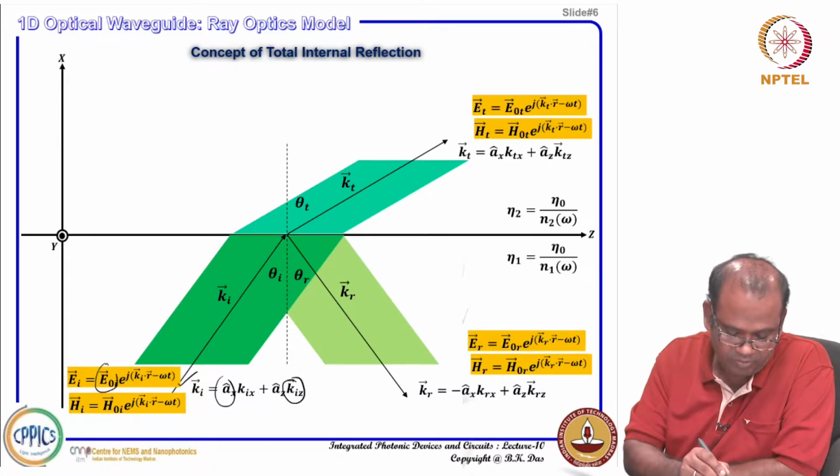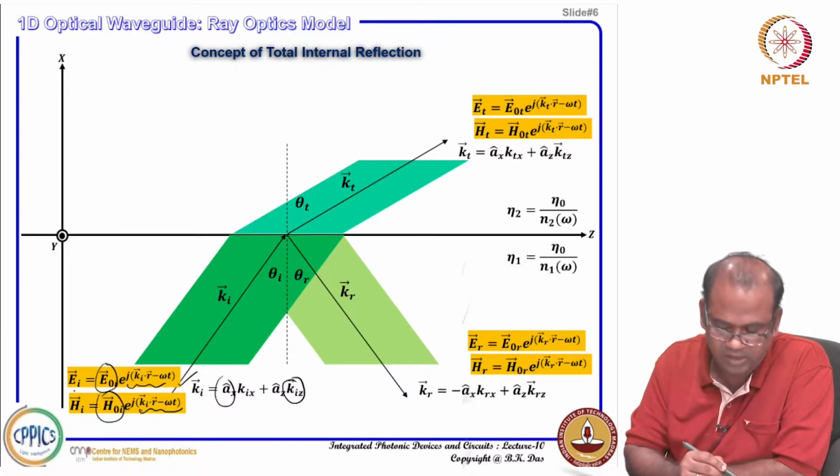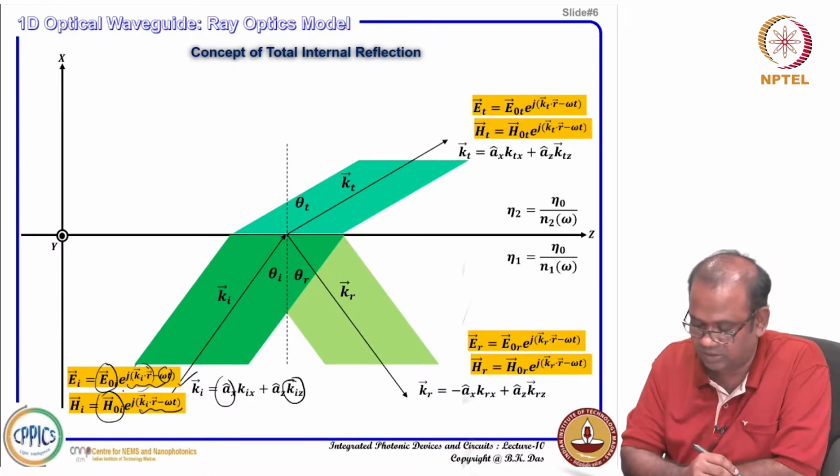It has an amplitude, obviously a vector, and we can define which direction it can be. The associated magnetic field will also be there, but since they are plane waves, the phase factor will be the same for electric field and magnetic field. So, k I dot r minus omega t: this is the space dependent phase factor, and this is the time dependent phase factor.